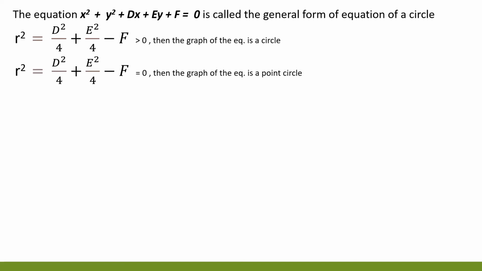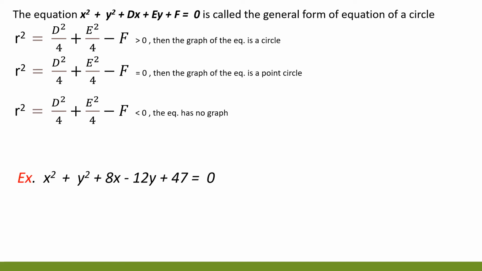But if r squared, which is d squared over 4 plus e squared over 4 minus f, is equivalent to 0, then the graph of the equation is a point circle. And lastly, if the value of r squared is less than 0, that means the equation has no graph.